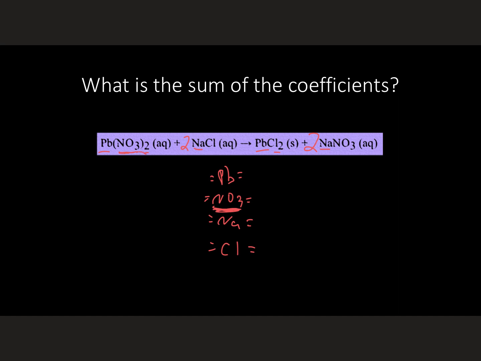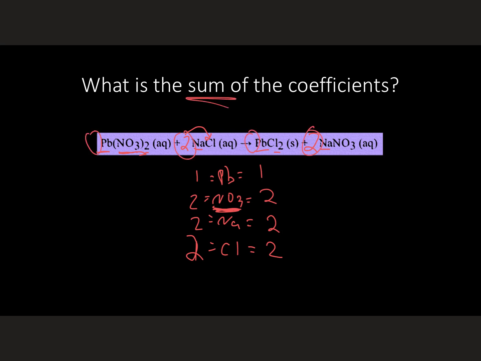So 2 nitrates, 1 lead, 2 nitrates, 2 sodiums, 1 chlorine. I didn't distribute that there. So we have 1, 2, 2, 2. Now we have all the appropriate coefficients.